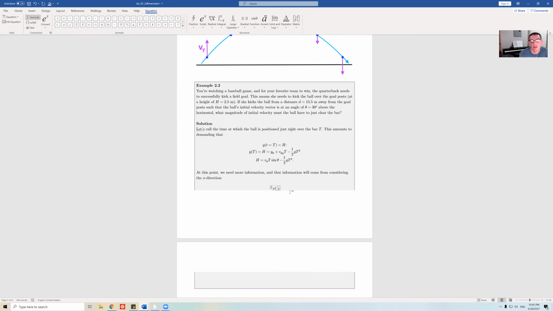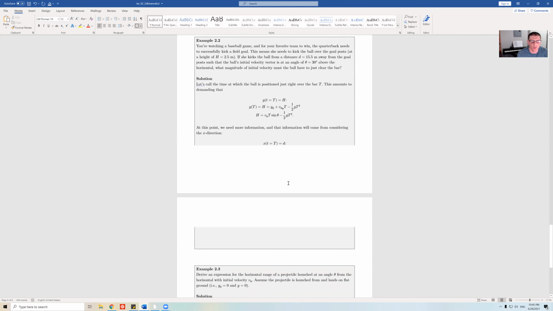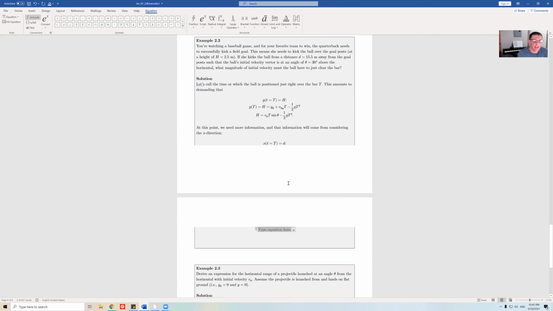So we're going to say that x at t equals big T, we're going to demand that this is d, because that's how far she is away from the goalpost, right? And then we're going to do the same thing that we did for the y direction. So that will be writing that x of big T equals x naught plus the initial x velocity times big T, right? This is one of the projectile motion equations that we just, I don't want to say derived, but we found, okay?